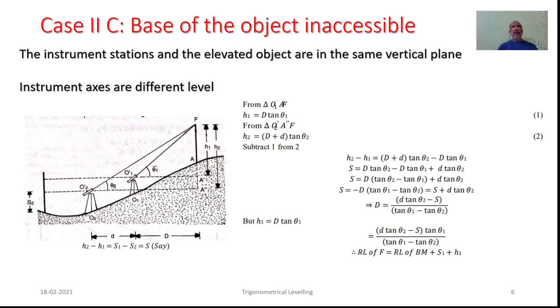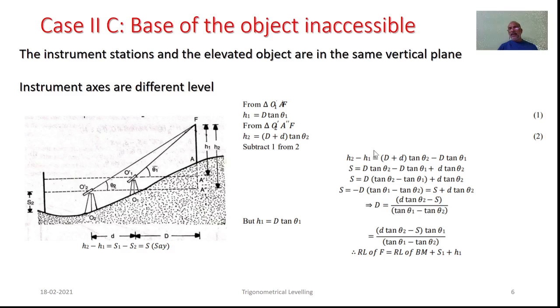We can consider the third case here, wherein the instrument station and the elevated objects are in the same vertical plane. As well, here the instrument axes are at different levels. So the way we discussed earlier, here again h1 can be d tan theta 1, h2 will be similarly d plus d tan theta 2.